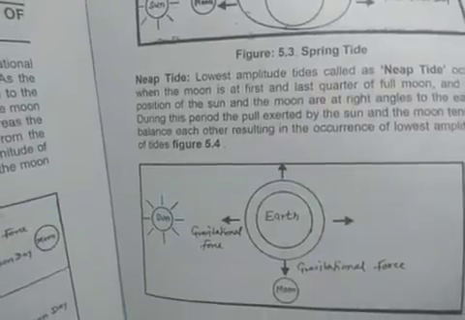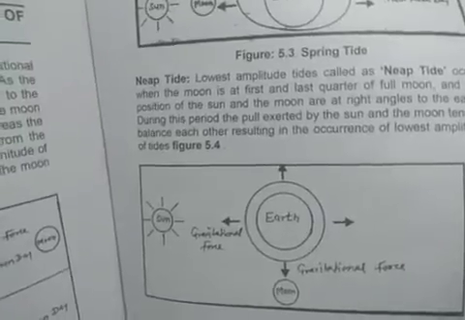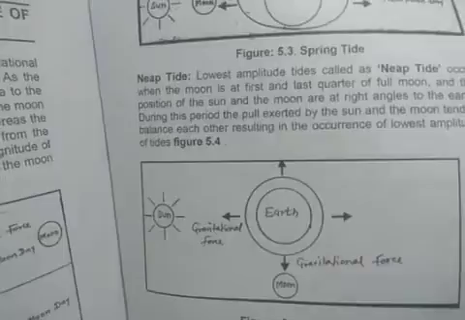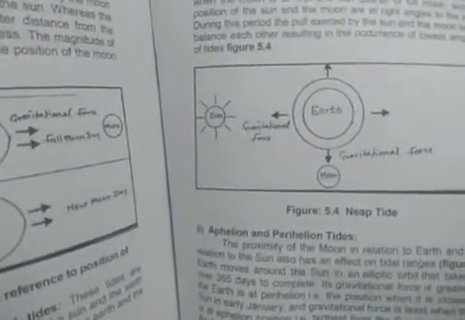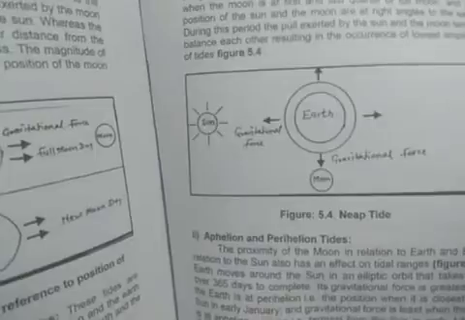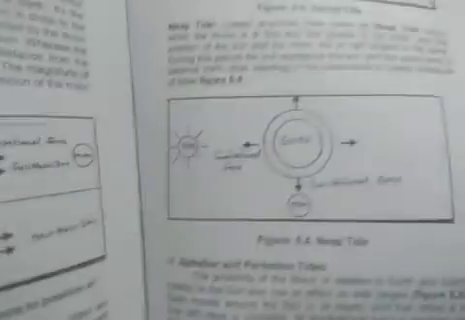During this period, the pull exerted by the sun and the moon tend to balance each other, resulting in the occurrence of lowest amplitude of tides. Figure 5.4. Neap tide.